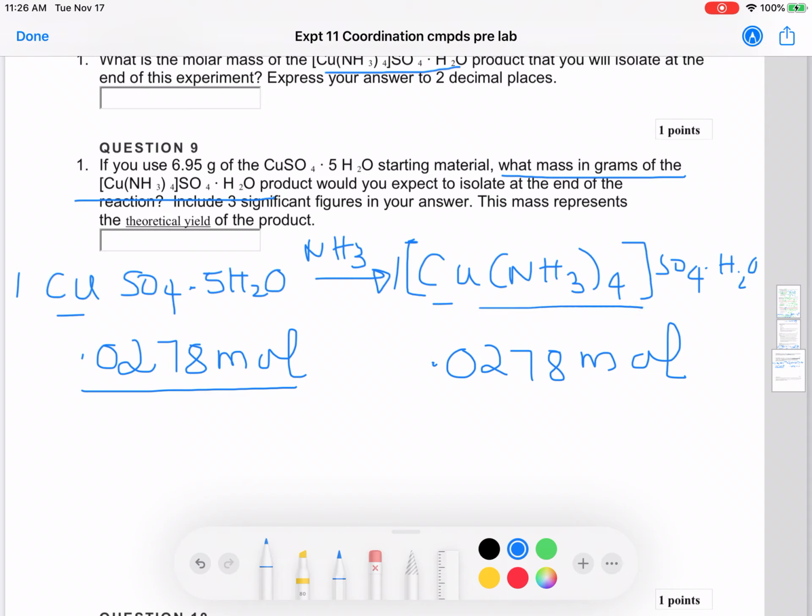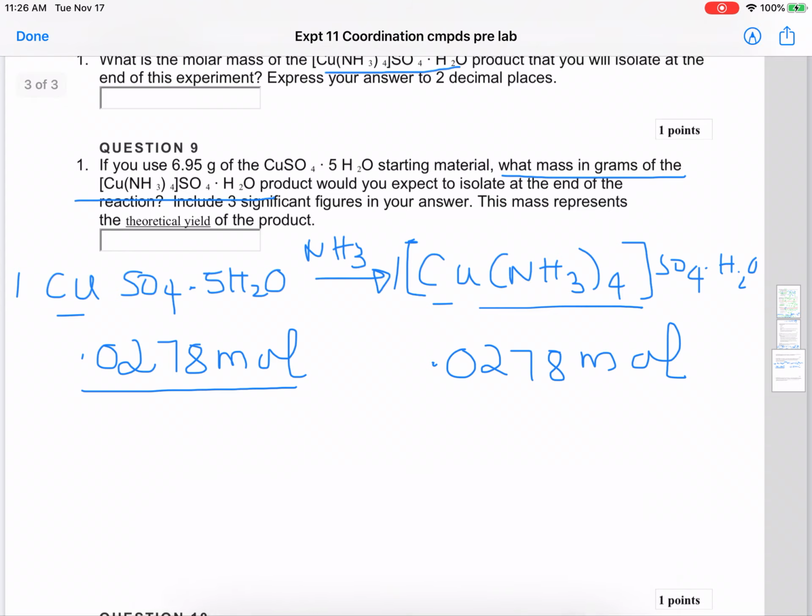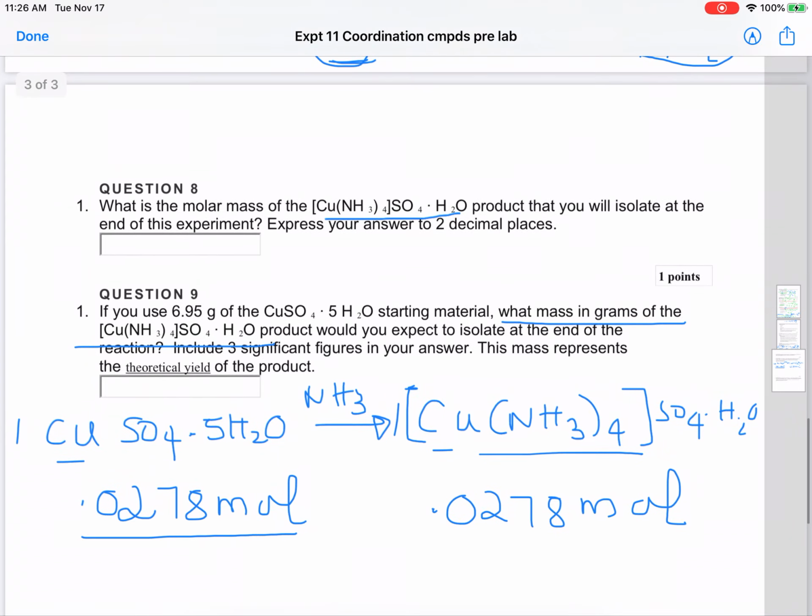Okay, what you need here is what is the mass in grams of the final product, which is this product. So if you know the number of moles, can you find out the mass? How do you do that? Using the molar mass of copper amine sulfate, which you calculated in question number 8.